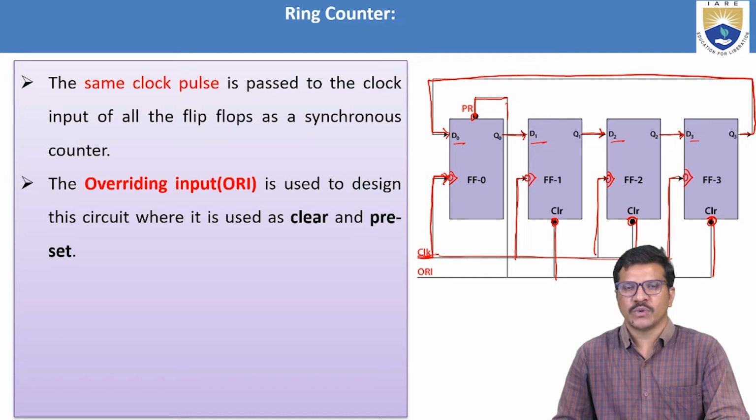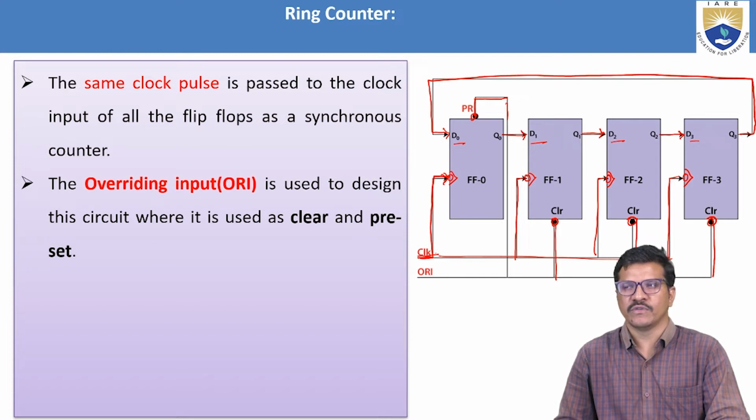Sometimes it is required to preset all states to 1. Then we can enable the preset input by providing an active low input to the preset. Then the outputs will become logic 1. Then the counting starts.